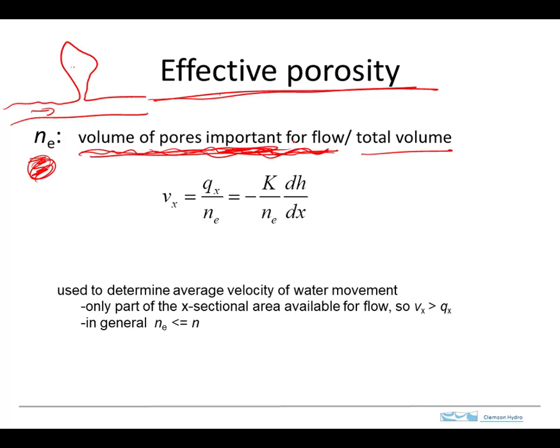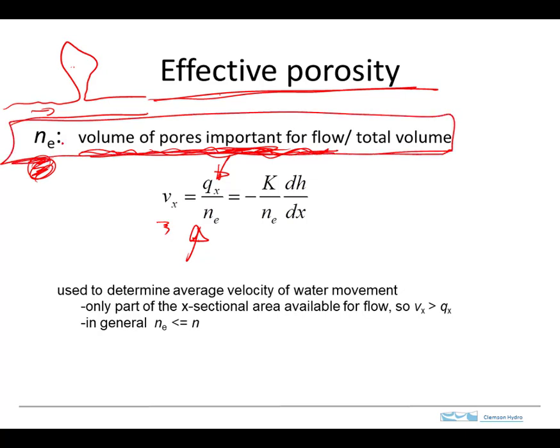But here's the way it works. Effective porosity is used to determine the velocity from the flux. So this is the way we think about the meaning of porosity, but the way that effective porosity is used is to relate velocity to flux.